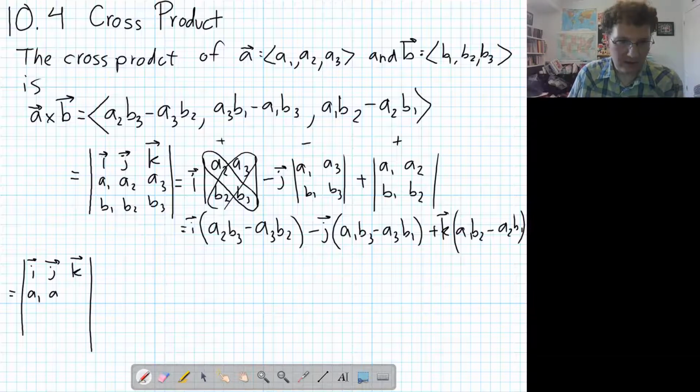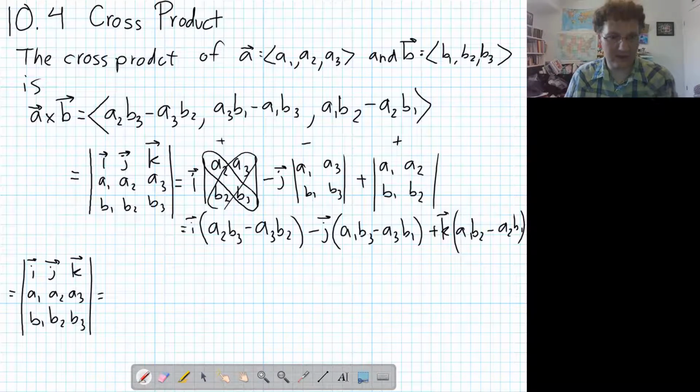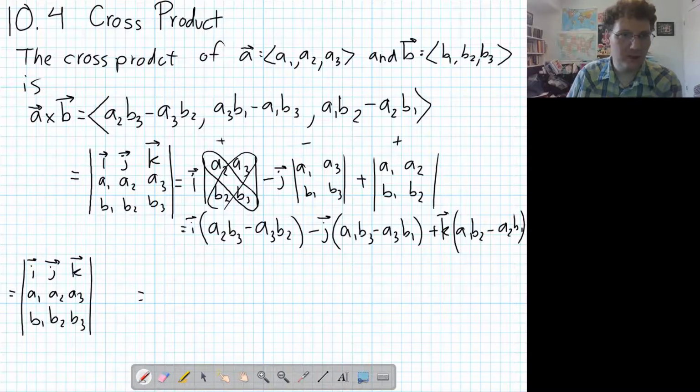A1, A2, A3, B1, B2, B3. Let's just tidy up that a little bit. What I'm going to do is repeat the first two columns, the i column and the j column, over to the side: A1, A2, B1, B2.